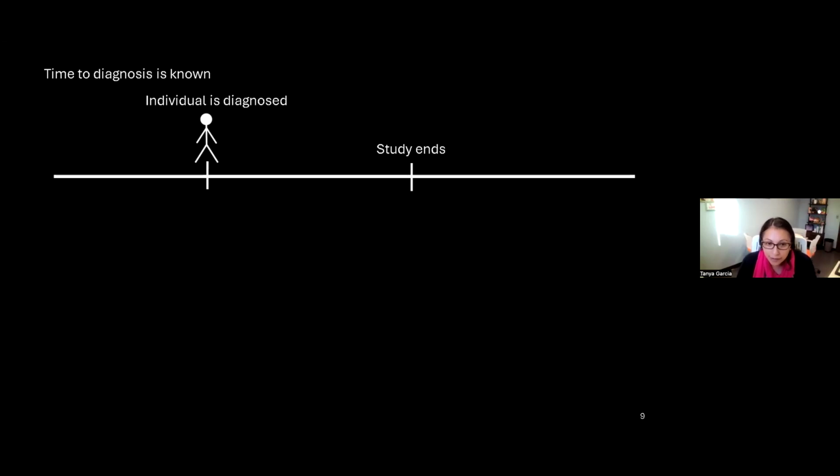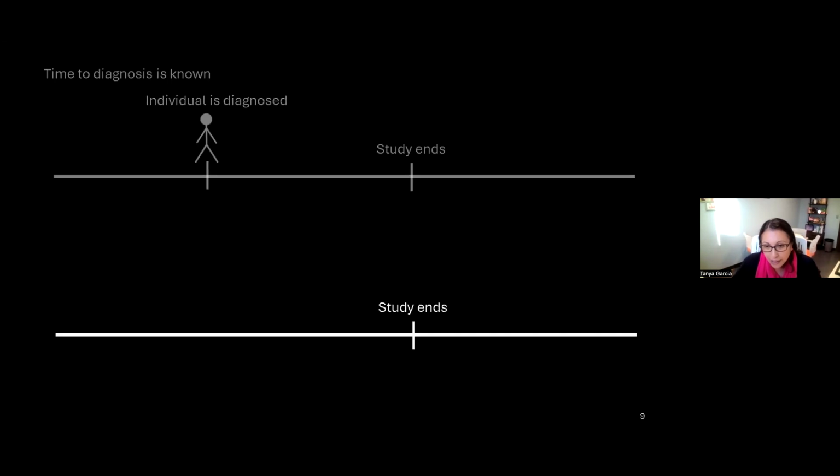But because this disease progresses very slowly and not all the studies last for a very long time, it's often the case that the study will end here, but the individual is not diagnosed before the study ends. Now, because these individuals have that gene mutation that will lead to this disease developing, we know that this individual will be diagnosed sometime after the study ends.